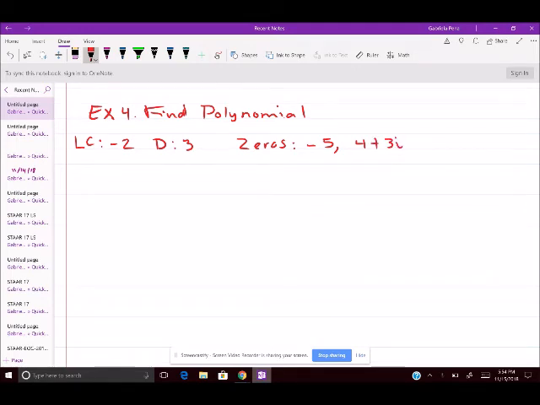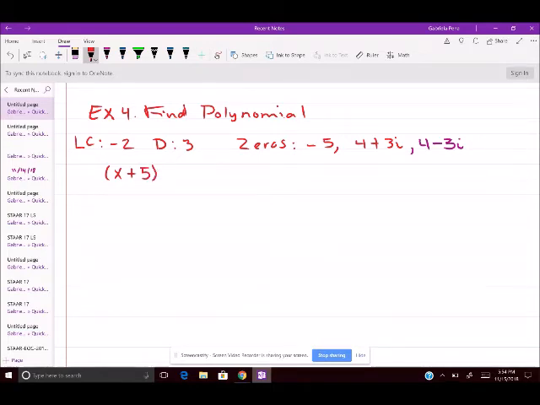When we covered the i's, we covered conjugates. So not only is there supposed to be a plus 3i, but there's also supposed to be a minus 3i. I don't know if you guys remember that, but you need to have both a positive and a negative. Now, when you're looking for the zeros, because they give you the zeros, you have to start with the factors.